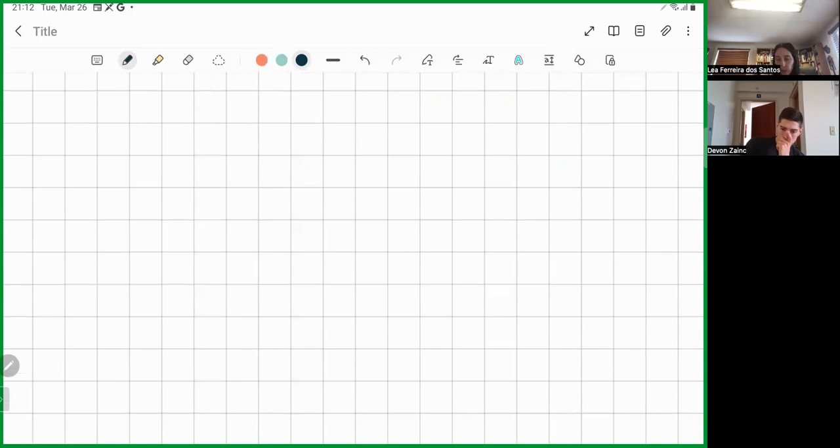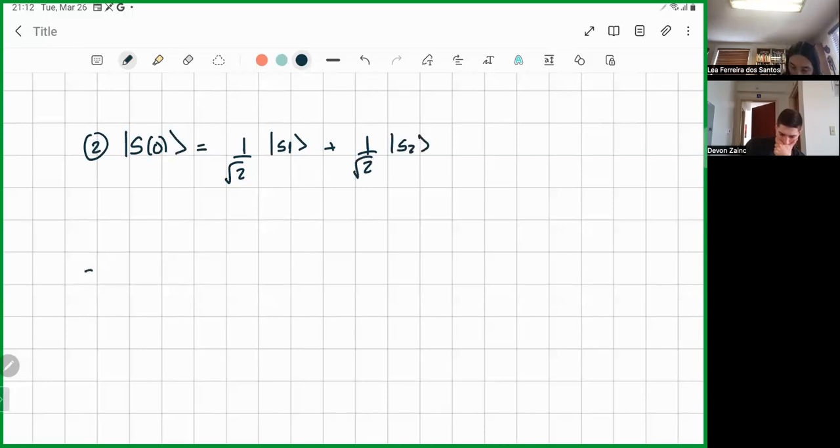Okay, so now that we found our step 2, we found our vector, and we wrote our initial state in terms of the eigenstates of the Hamiltonian, all we have to do is evolve. And to evolve, we know, is just attaching the exponential.